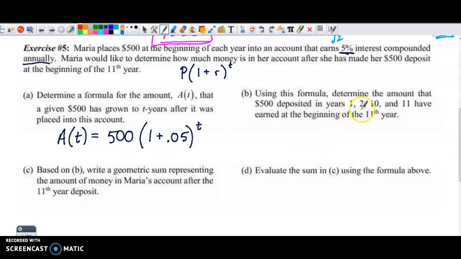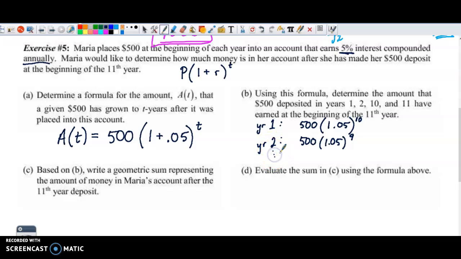That's because for the first year, let's write year 1, she has $500 in that account, and 1 plus 0.05 would be 1.05, with 10 years of gaining interest over the course of time. Whereas in year 2, when Maria puts $500 into that account, this deposit only has 9 years to accumulate interest. We can continue that pattern over and over again.